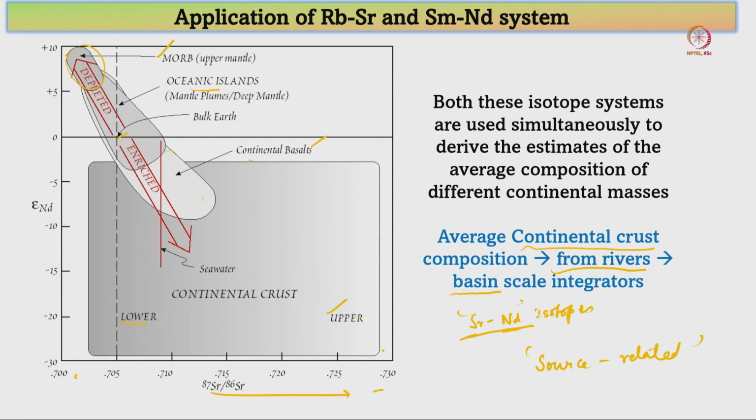So, we have to do what we call unmixing. We have to tell how much is coming from where. If the upper crust is giving 70%, the MORB is giving 30%, or 10% contribution is coming from the continental basalt, we have to do that kind of unmixing.